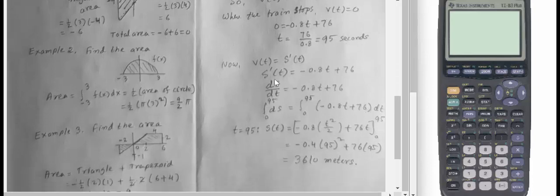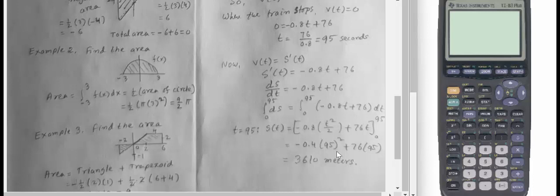Next part, s'(t) is that one, which was the velocity, the rate of change of displacement. So s'(t) is ds/dt, and we follow the same process. And the question asks what was the displacement when it stops? And we have found the time to stop is 95. So then you take the integral from 0 to 95 of that function here.